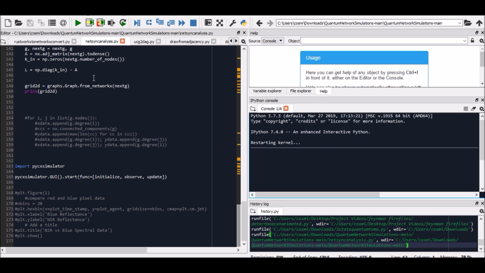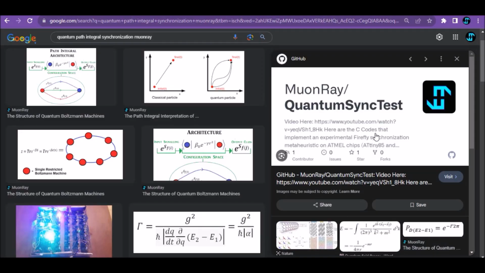But this suite of code I can actually provide on my GitHub page here. It's been a project that I've been working on for a while. Basically a suite of software code in Python that can display this emergent behavior of synchronization in a quantum context.